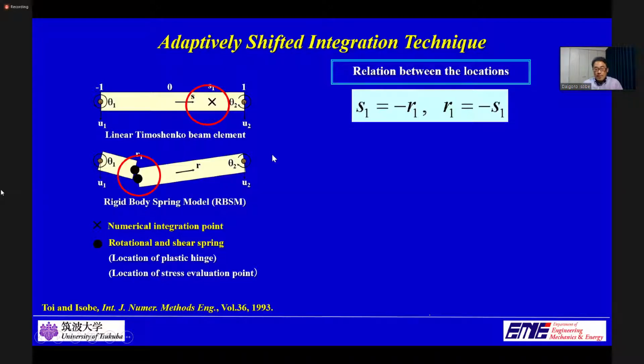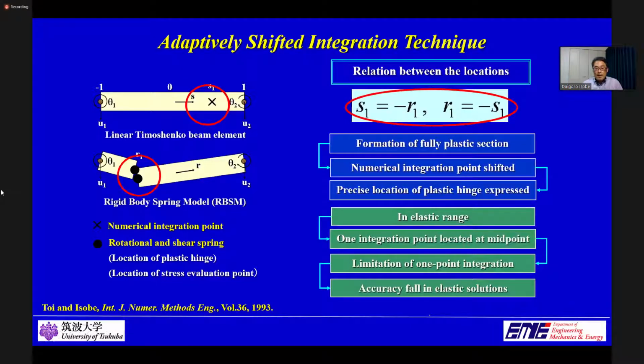Now, by using this relation, a precise location of a plastic hinge can be expressed and highly accurate elastoplastic solutions can be obtained. However, the limitation of one-point integration begins to emerge when applied to a model of a small number of elements, and accuracy falls drastically in elastic solutions.